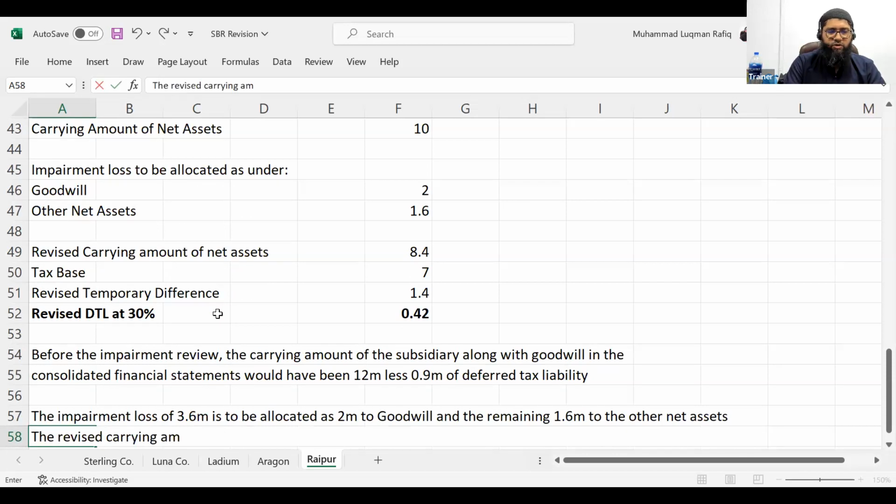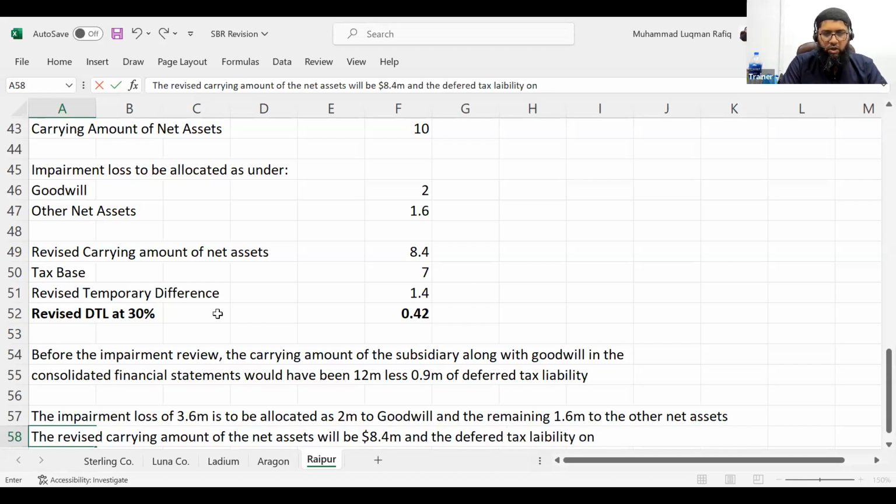The revised carrying amount of the net assets will be $8.4 million and the deferred tax liability on them will be $0.42 million.